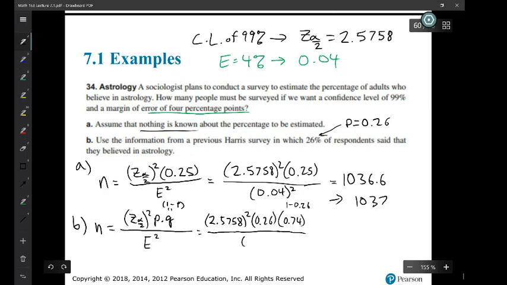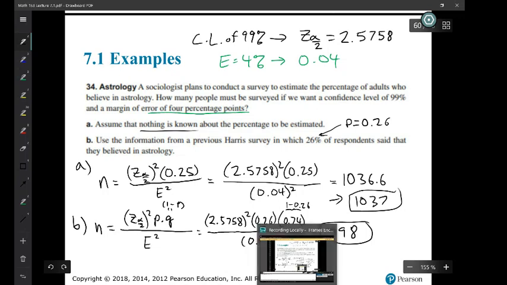And then divide by the same error as a decimal, so 0.04 squared. And we crunch that out, we get something a little bit less than 798, so round it to 798. And that concludes the examples for 7.1.